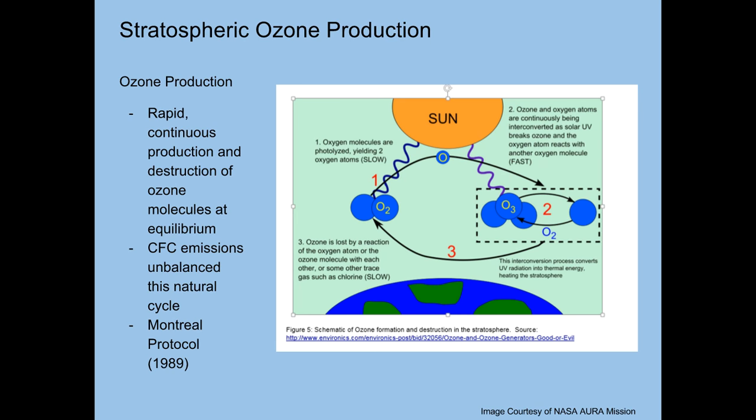And so ozone is being produced by the combination of free oxygen with O2 particles to create O3, which is the ozone. And then it's also being destroyed through other chemical means.